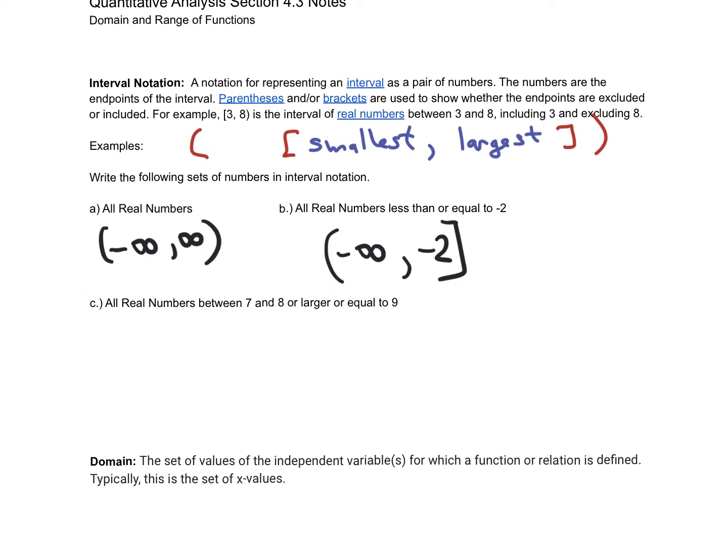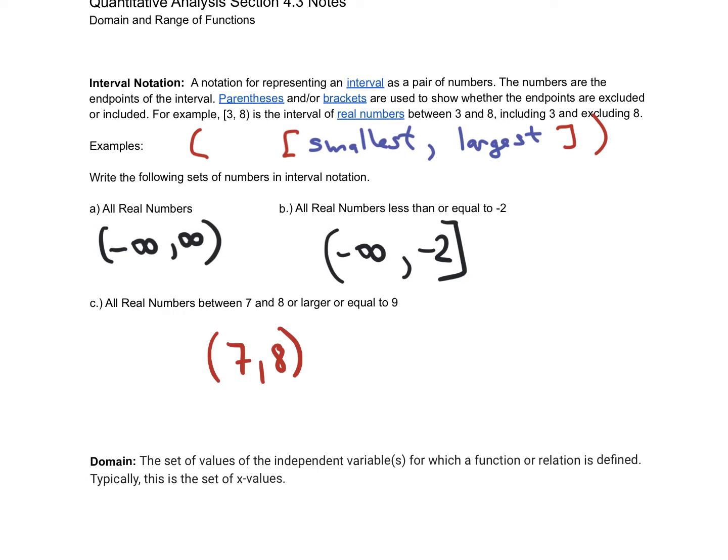C says all real numbers between 7 and 8 or larger or equal to 9. So all real numbers between 7 and 8, now it doesn't say including 7 and 8, it just says between those two. So all real numbers between 7 and 8 will be 7, 8 with parentheses. So that's all the numbers between 7 and 8: 7.1, 7.2, 7.8.